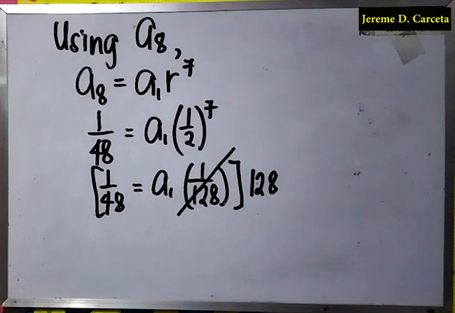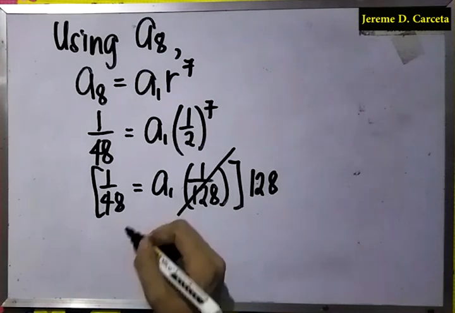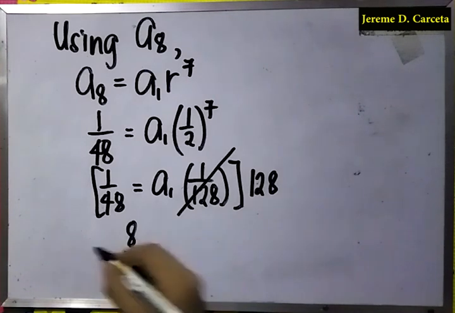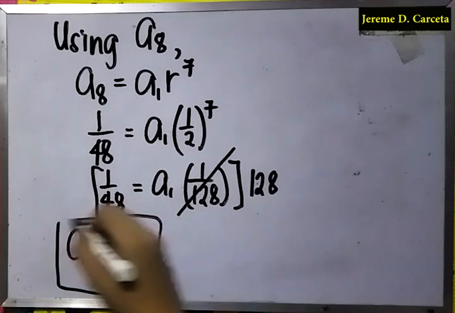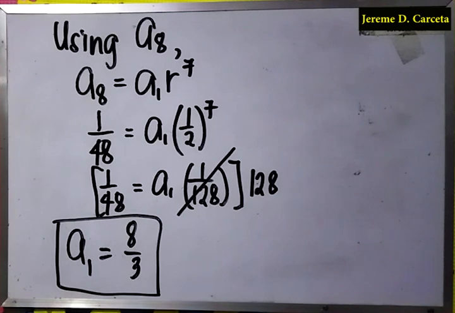It will now be cancelled, and then 1 over 48 times 128 would be equal to 8 over 3. So our a sub 1 is also equal to 8 over 3. So either we use a sub 3 or a sub 8, we got 8 over 3.